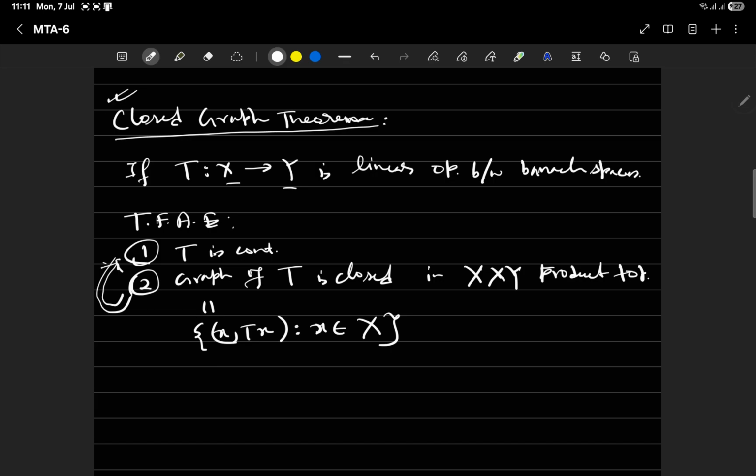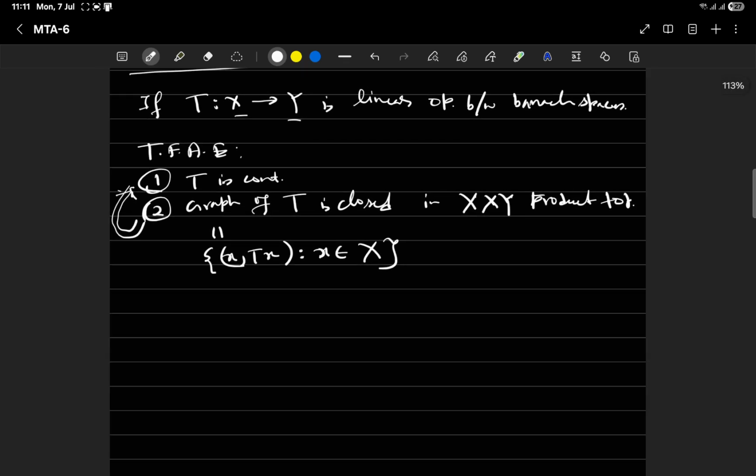is continuous, where T is our I, X is our LP with the new norm, and Y is our LP with the P norm. Okay, so we write the setup.